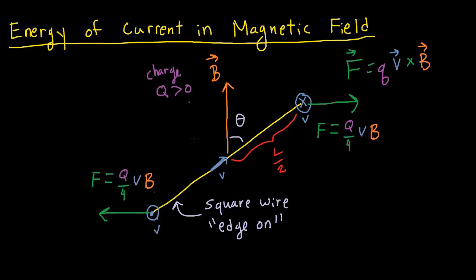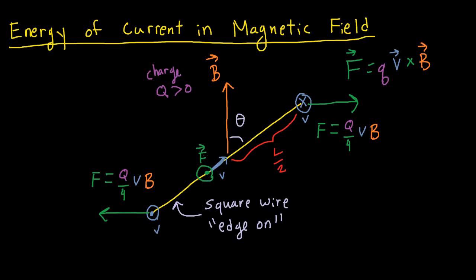And what about this segment of wire going up like this? Well, here, let's see, V cross B is going to point out of the screen, like that. And for the segment of wire on the other side that we can't see, the force is going to point in the other direction.